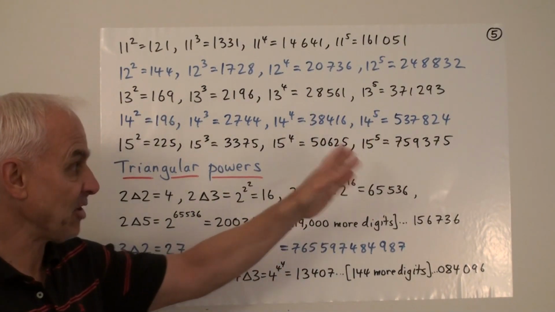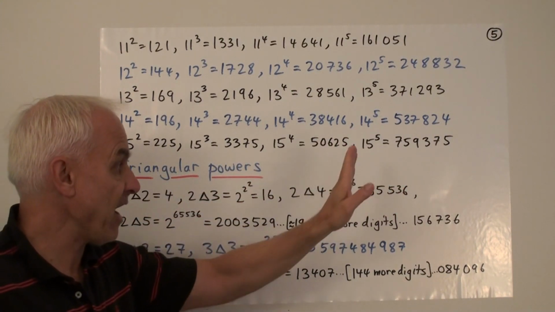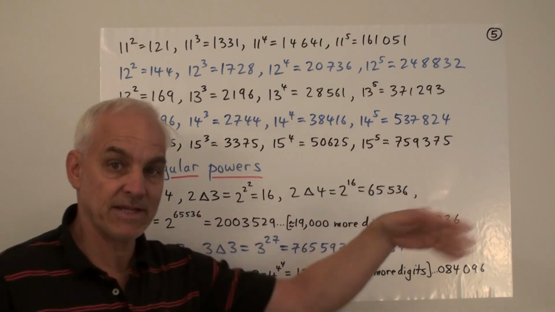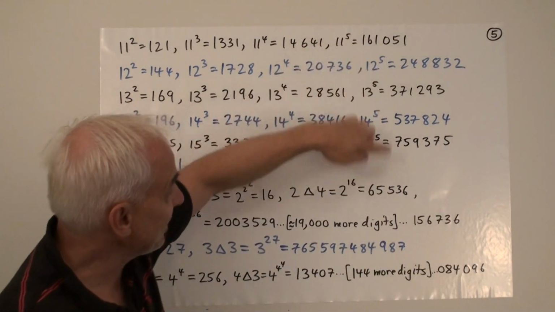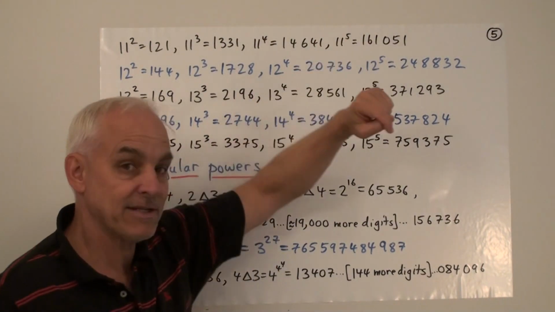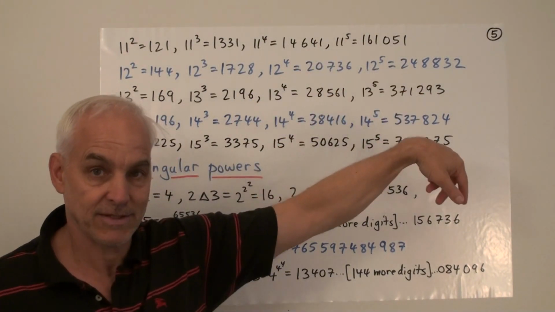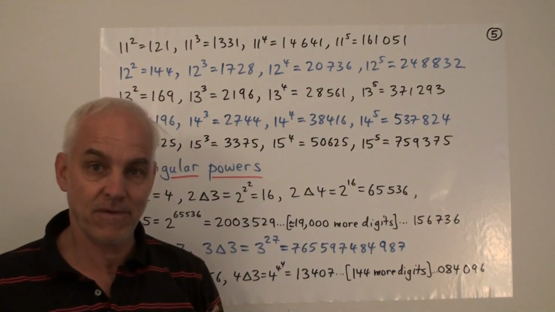So Fermat's last theorem says that, for example, if you take n equals 5, then x to the 5 plus y to the 5 equals z to the 5 doesn't have any integer or natural number solutions. It means that if we look at the list of fifth powers, we can't find two of them on the list that add to a third one on the list. So it's all about these special kinds of numbers.